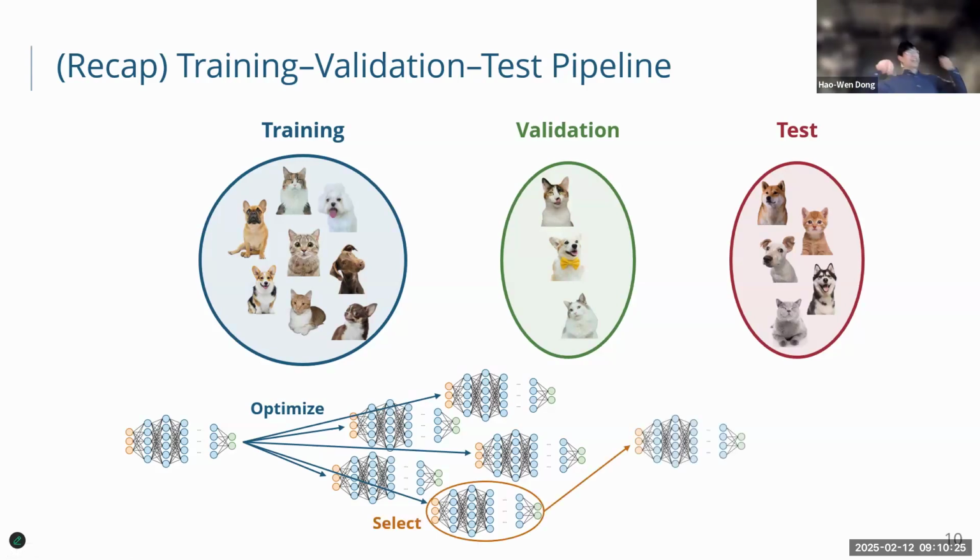So validation is selection rather than optimization. You look at all these different trained versions of your model, and you pick the one that's working the best on the validation set. The idea here is that if you train on this set where the model has never seen the validation set, and the model can generalize to the validation set, then your assumption is that it should also generalize to your test set.